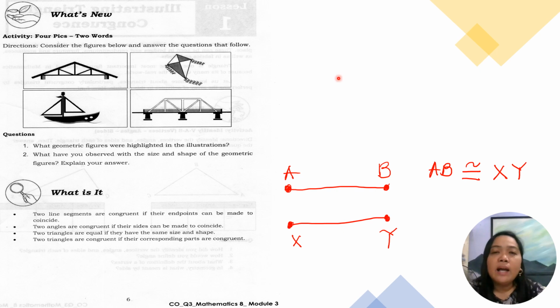So let's say we have a triangle. We will draw two triangles. Shall we call this triangle ABC?